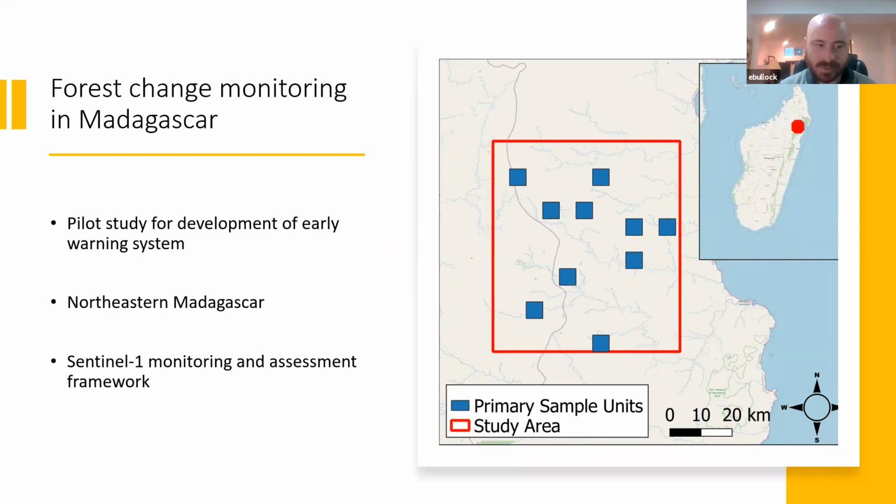Once again, I'm sure I'm telling you things that you already know, but this is what I came to learn doing this work. Due to the clouds, it became apparent that we would need to use radar data. And so that's why we developed a system based off of Sentinel-1.